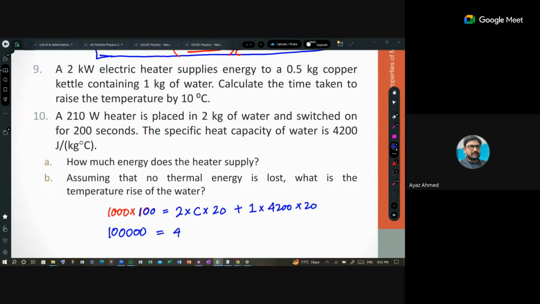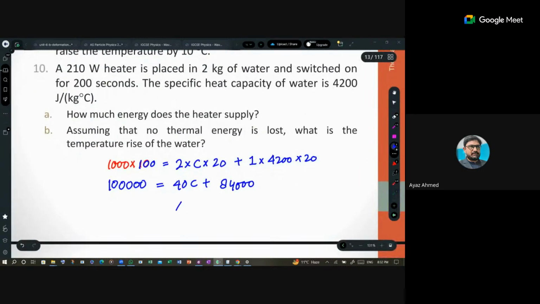It is your 40C plus how much would this be? 84,000. Now when you are going to solve this, 40C will be equal to 100,000 minus 84,000. So can you please calculate this for me?